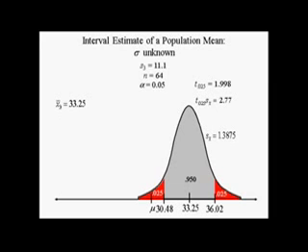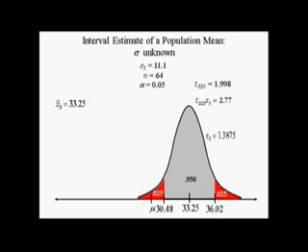The distribution is located at 33.25, the third sample mean, and has a standard deviation of 1.3875, which is the third estimated standard error of the mean. The true population mean, mu, is not in the interval 30.48 to 36.02.